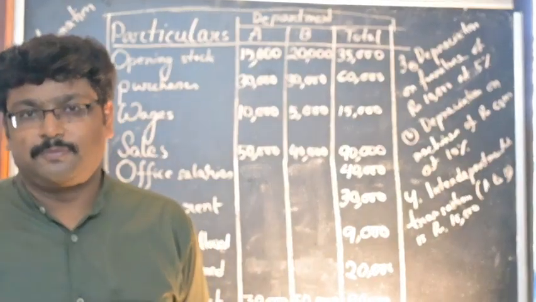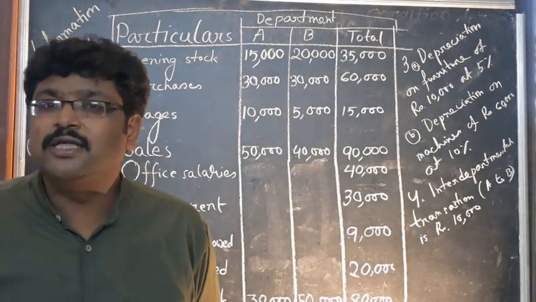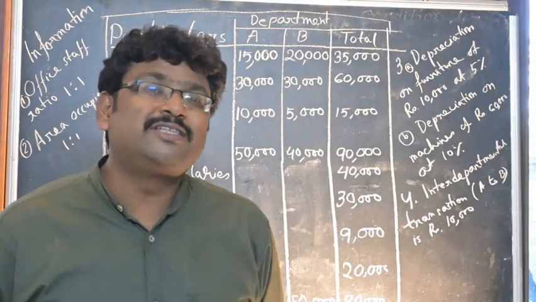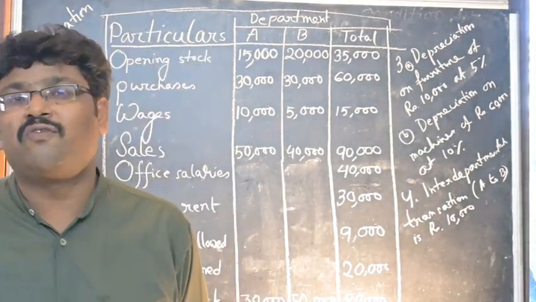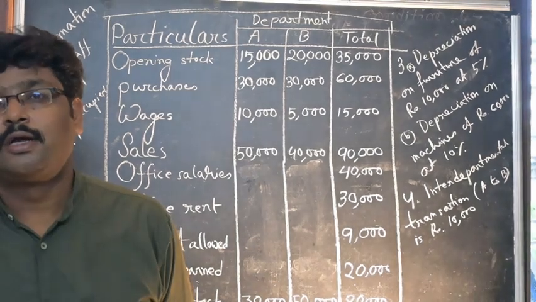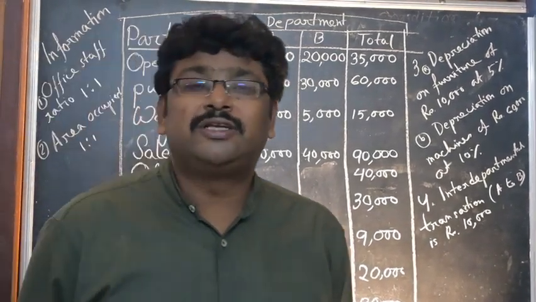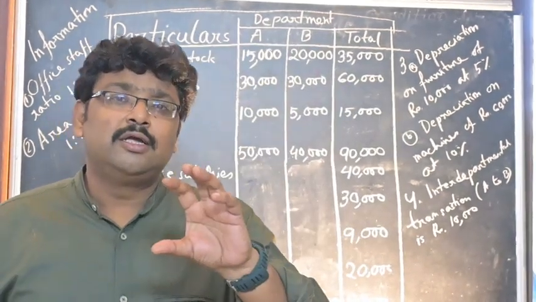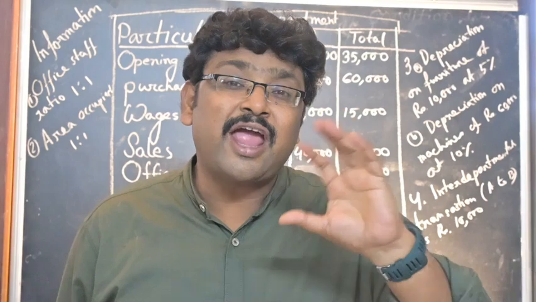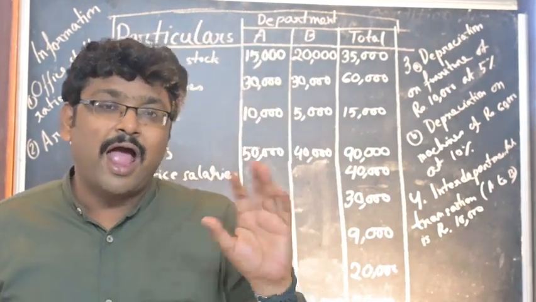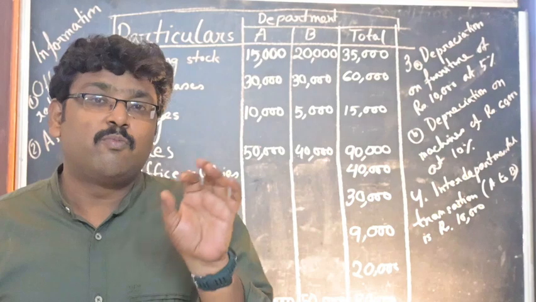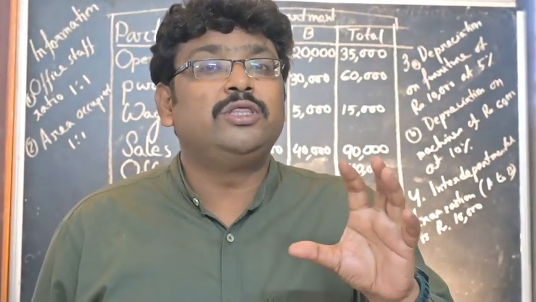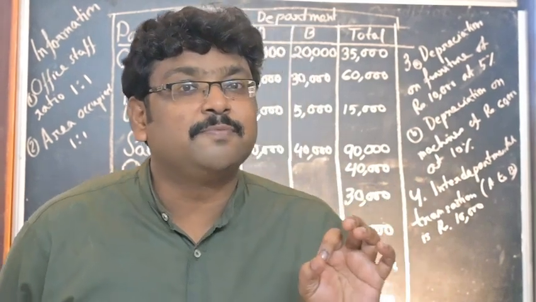In this lecture of the accounting series, I would like to discuss the trading account and the profit and loss account. The trading account is related to the direct expenses, and on the other hand, the profit and loss account is related to the indirect expenses.